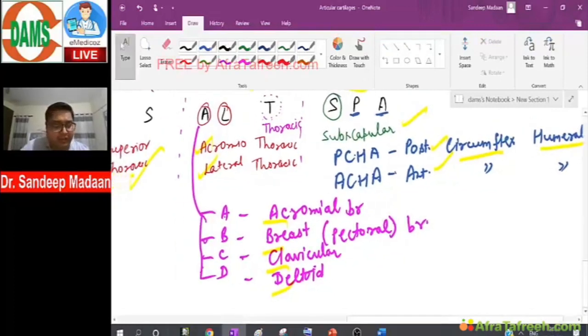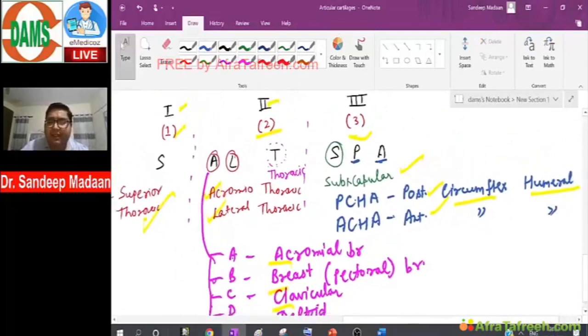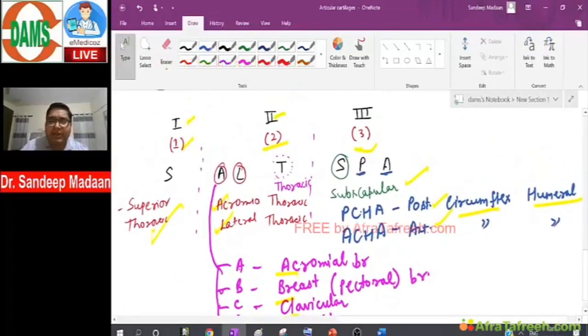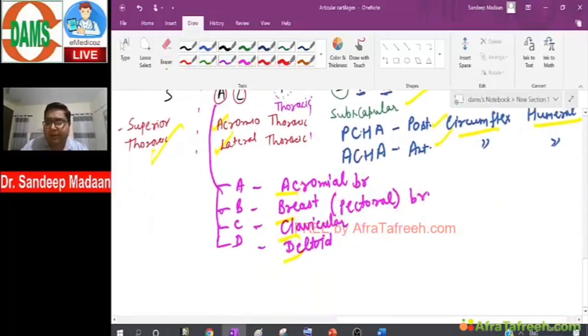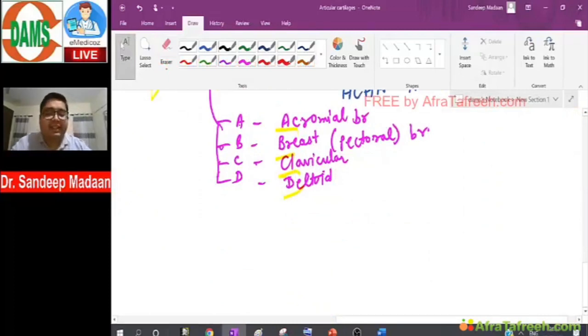Tell me honestly whether the things are easier using all the mnemonics and orientation. Yes or no? Is it helping you or not?